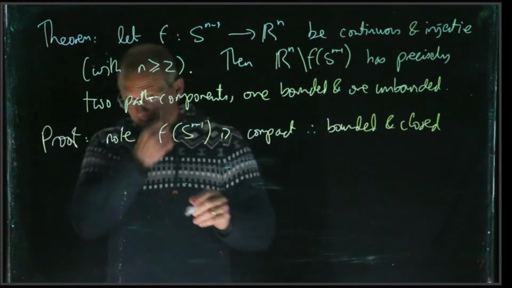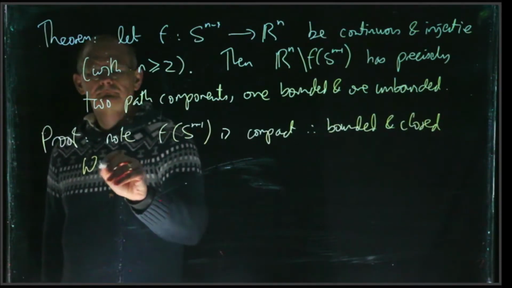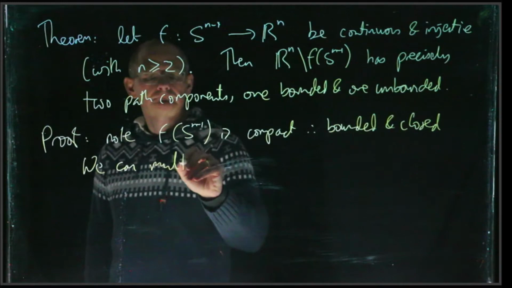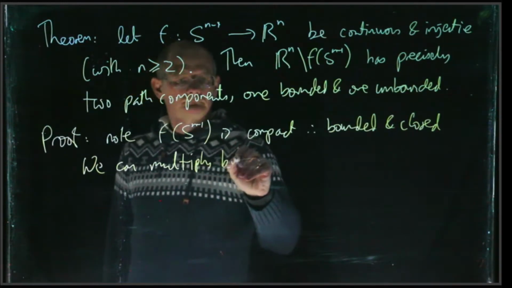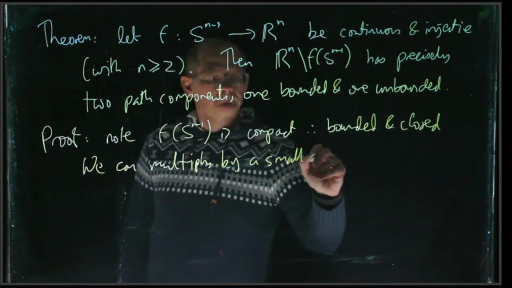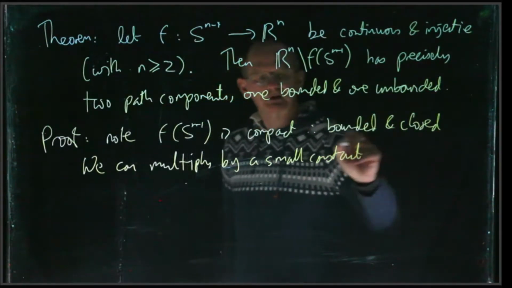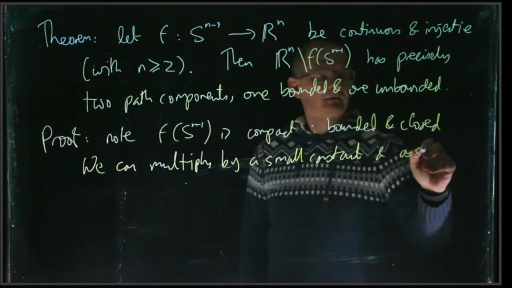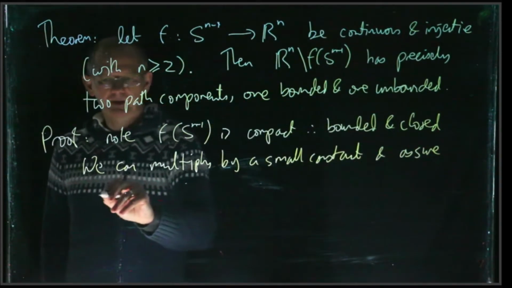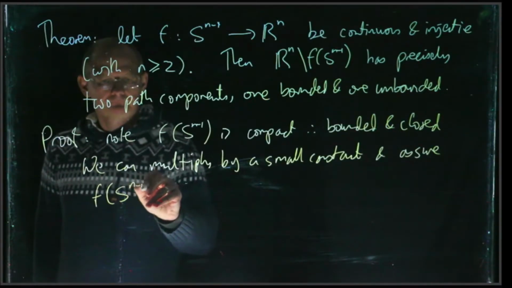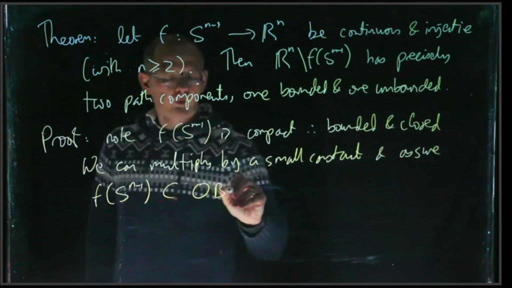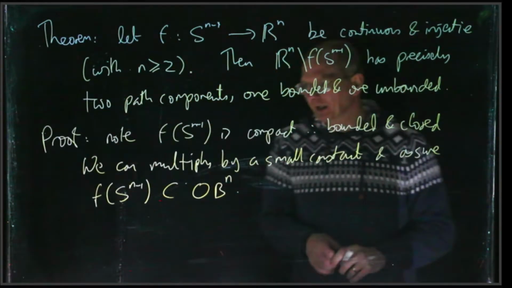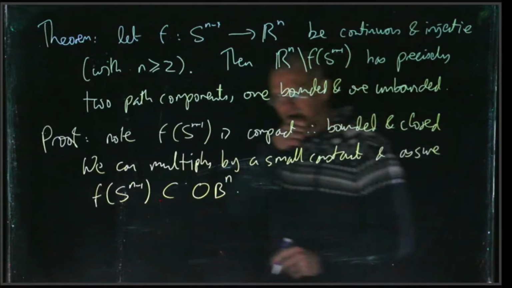Okay, and so we can multiply by a small constant, it doesn't really change anything, and we can assume that the image of this is contained in the open ball of radius 1 around the origin. That will be convenient.